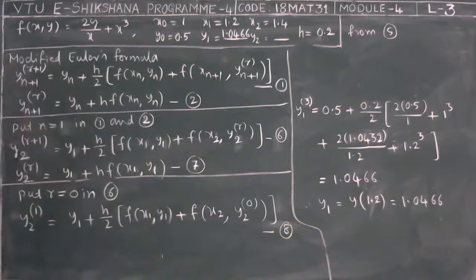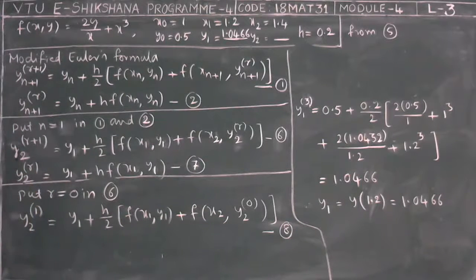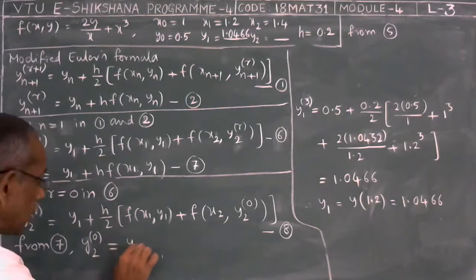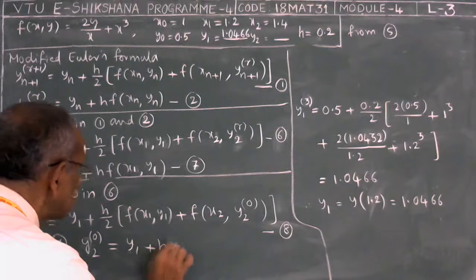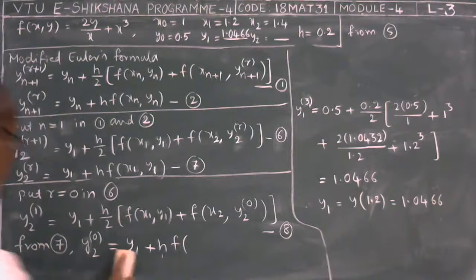Now look at equation 7. We can obtain y2 (0) from equation 7. So from equation 7, y2 (0) is equal to y1 plus h into f of x1 comma y1. What is y1?